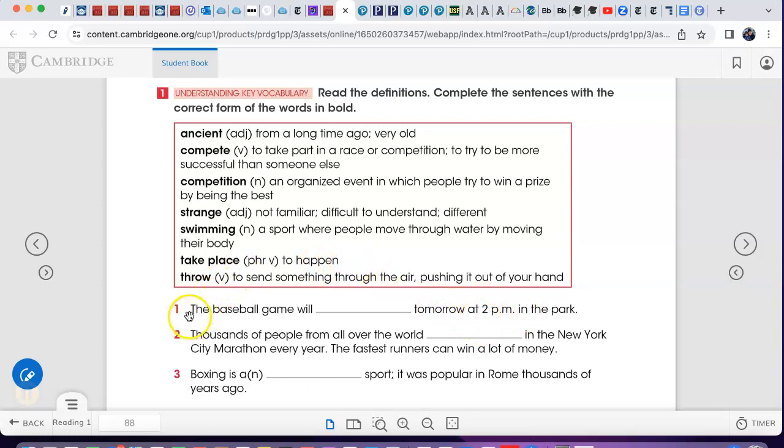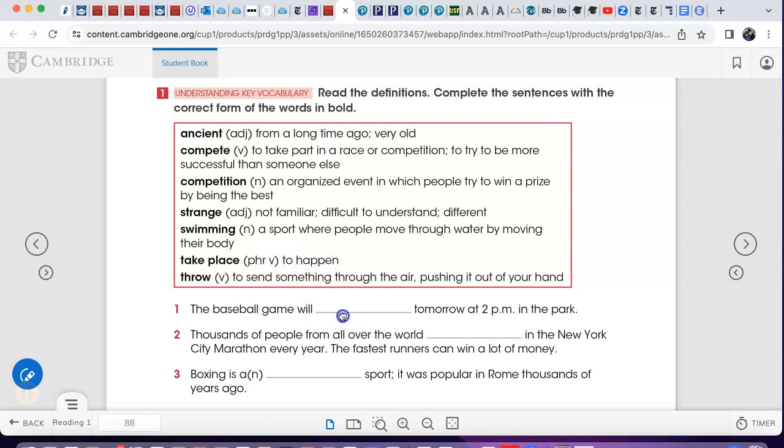So, number one, the baseball game will take place tomorrow at 2 p.m. in the park. And I know maybe some of you are thinking, shouldn't that be takes? Takes place because we're talking about the baseball game, but we have will. Whenever we have an auxiliary modal here, then we're only going to use the base form of the verb. So take place is the answer for number one.